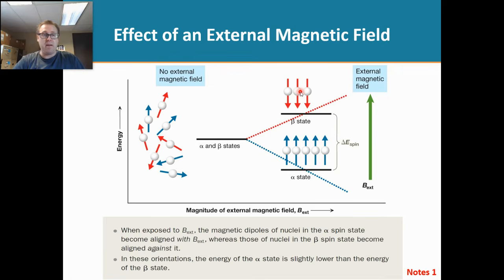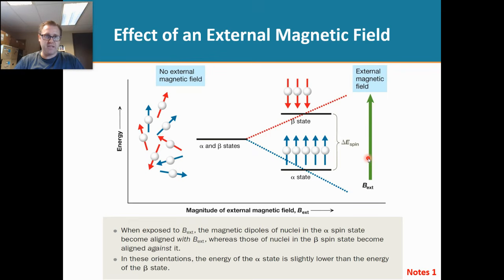Now, the way I remember the energy states is I kind of look at it like a river. So the external magnetic field is the river. And so a lower energy state would be swimming with the current. As you can see, the blue arrows are in the same directionality, so it's flowing with the current. But the red nuclei are trying to swim upriver.